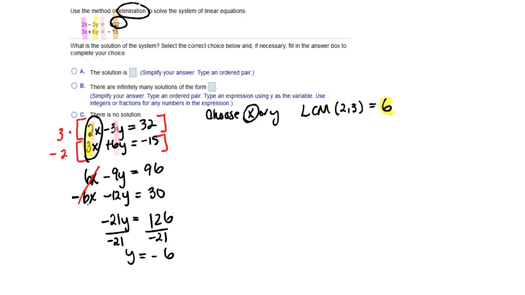Now we're going to get the x coordinate. So what we do is we take that y equals -6, and you can substitute it in for this y, or you can substitute it in for this y. Either one will work.